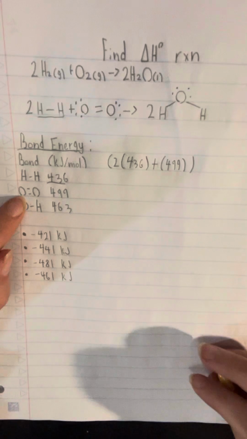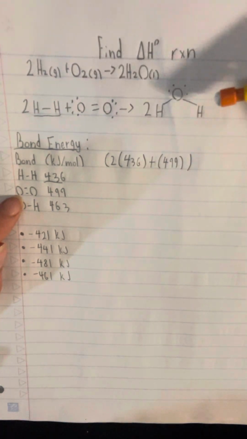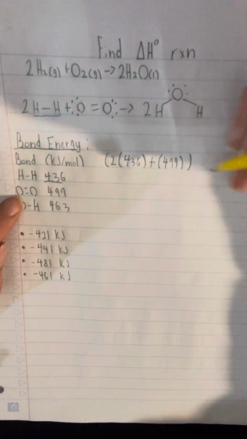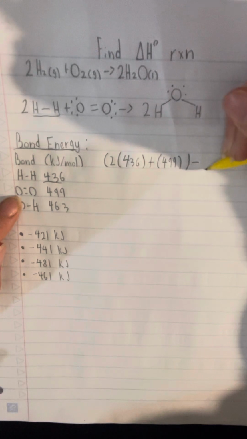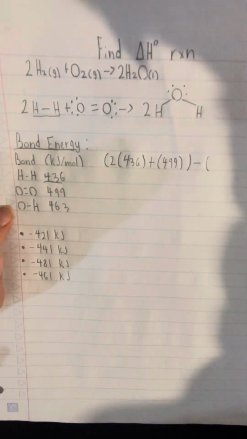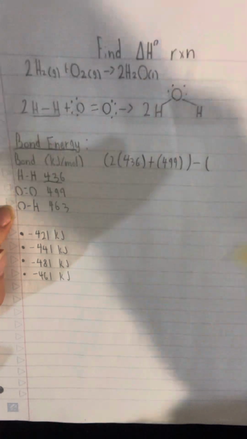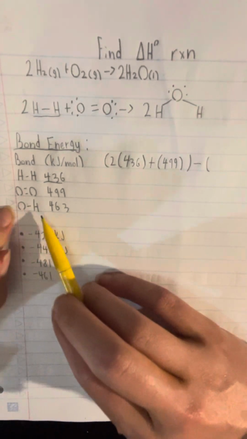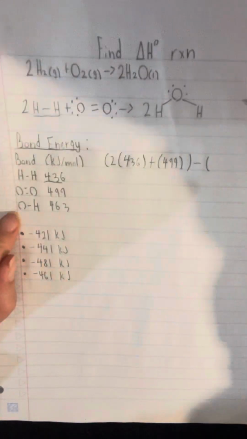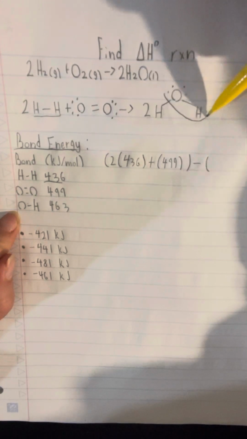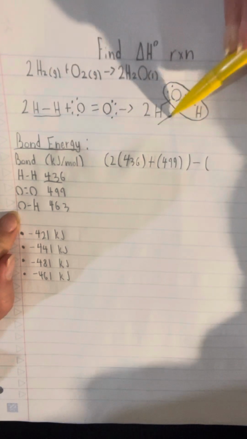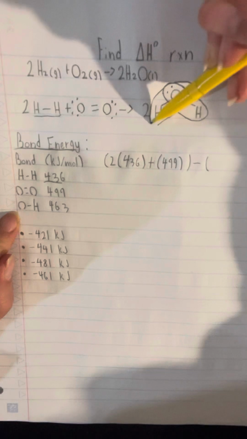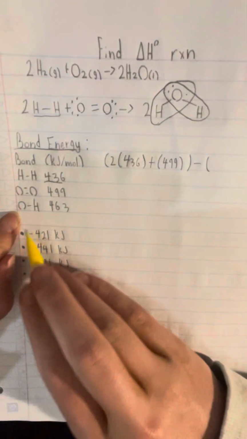So after you get that, this part is probably the part that's most complicated. You're going to subtract, but you can see here that right here where it gives you the value for the O to H bond, it only gives you this right here and this right here. That is 2 separate bonds of this.